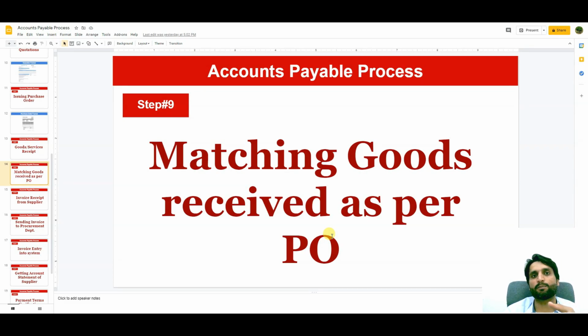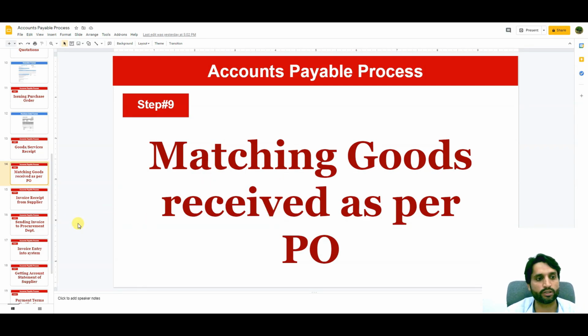Whatever goods are supplied by the creditor or the supplier, we need to match according to the purchase order. The purchase order which we have issued and the goods actually received should be the same quantity, with the same price, and with the same brand name or the same quality. So warehouse people will make sure the things are according to the purchase order. After that they will receive the goods.